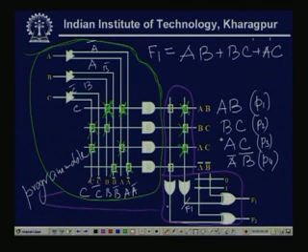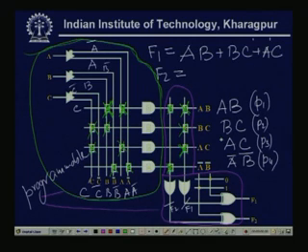And if I assume my F2 is here, then my F2 is the sum of two product terms P1 and P4.